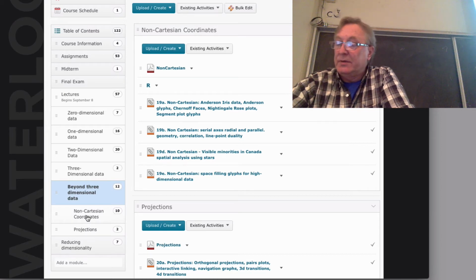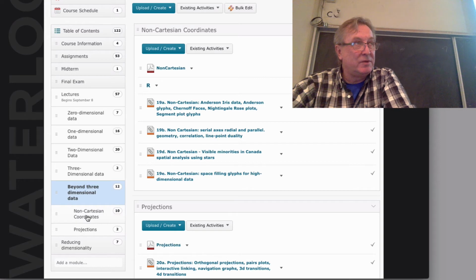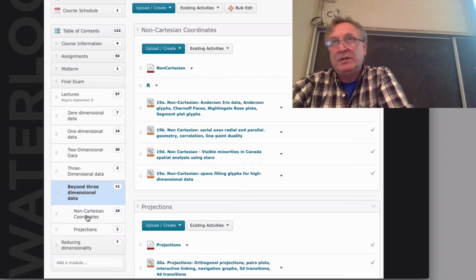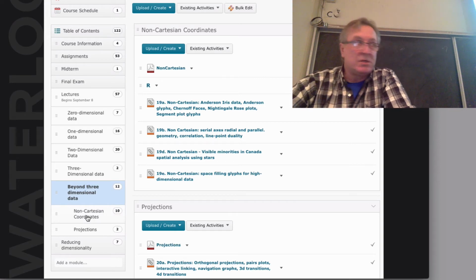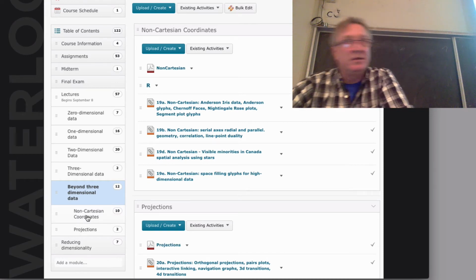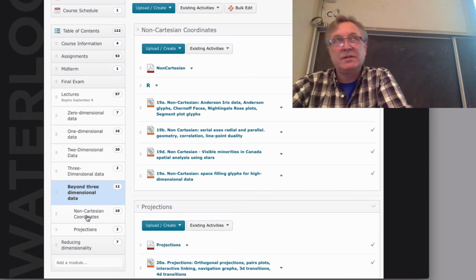And then using something like Nightingale's, these stars with the radial axes, parallel axes. There's certain geometry that you can see with those things. What you see in a parallel axis system corresponds to something well known in the Cartesian coordinate system. So you need to be able to move back and forth between those things.